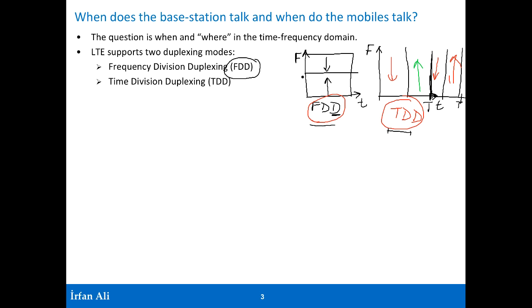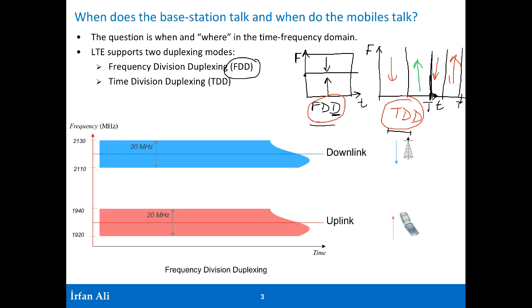The split is slightly different when you look at it in deployment. The frequency provided for the downlink direction is separated from the frequency provided in the uplink direction, and this separation is there such that there is no leakage of information between the downlink and the uplink.